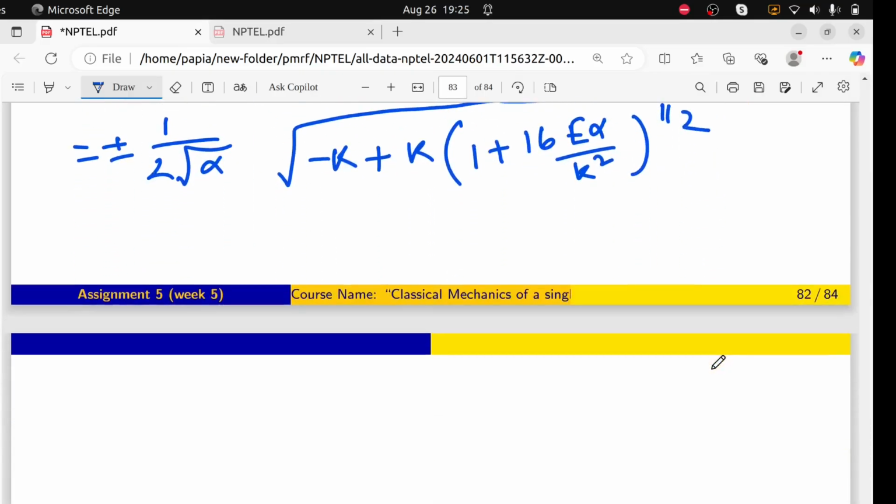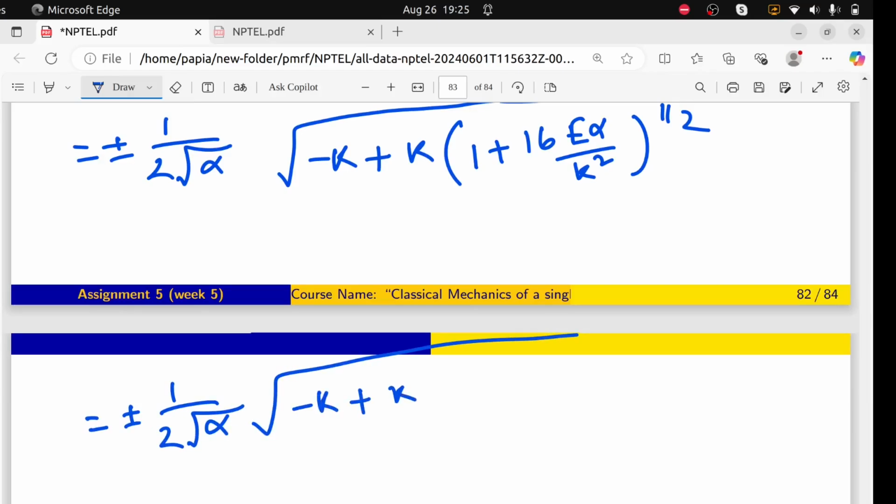So this one can be written as minus k plus k 1 plus 16 e alpha by 2 k square, as alpha is small.